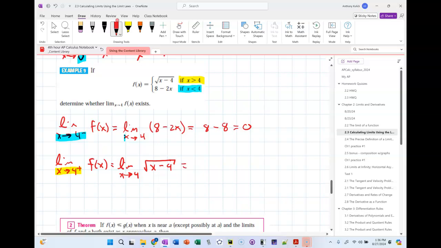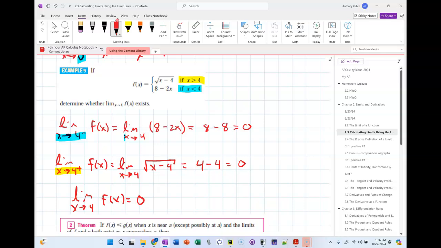And again, that's a radical function, so I can do direct substitution there. So since those two limits match up, I know this limit exists and it's equal to 0. Does everybody feel okay there?